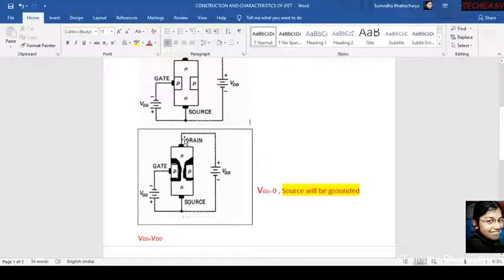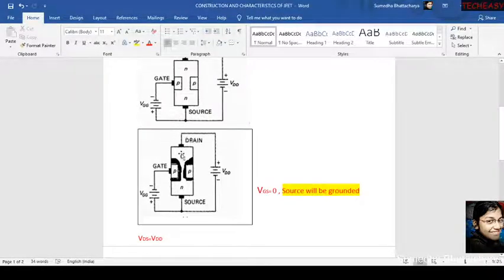So then the question arises: from 8 volts will it go directly down to 0, or from 0 directly up to 8 volts? Not like that. It will be decreasing continuously, or increasing continuously.